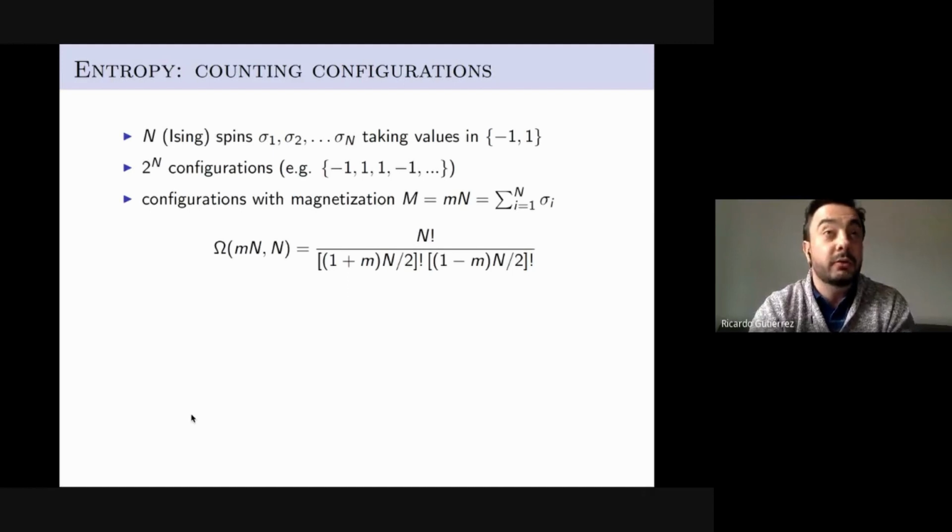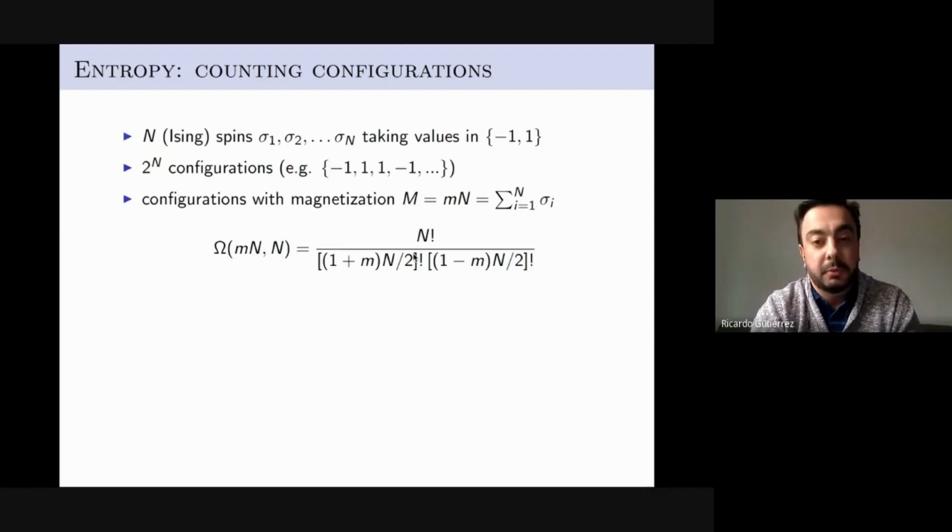Now, if you count the number of configurations with a given magnetization, and I want to make the distinction between capital M, which is the total magnetization, which is an extensive quantity, and small m, which is the magnetization per spin. Okay, so if you count the number of configurations with a given magnetization for a given number of spins, this is the number you get.